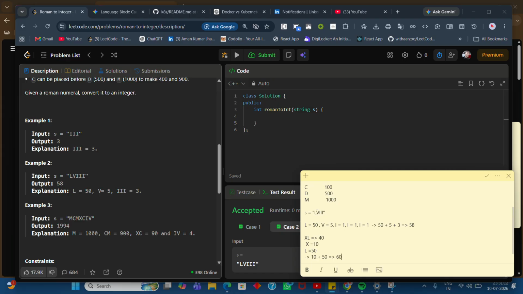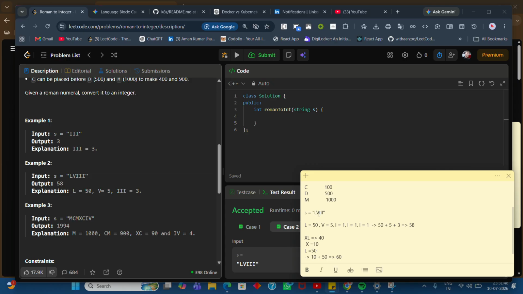So when we see this example, here we saw L and then V, meaning L is the greater number, which is 50, and V is the smaller number, which is 5. So L, the greater number, has on its right side the value 5, which is V, which is smaller than L. Likewise, V is the greater number and I is 1, the smaller number.